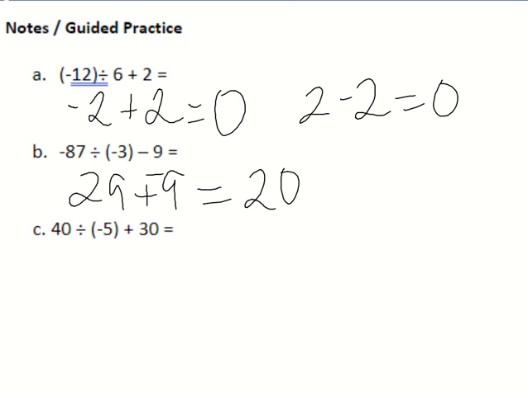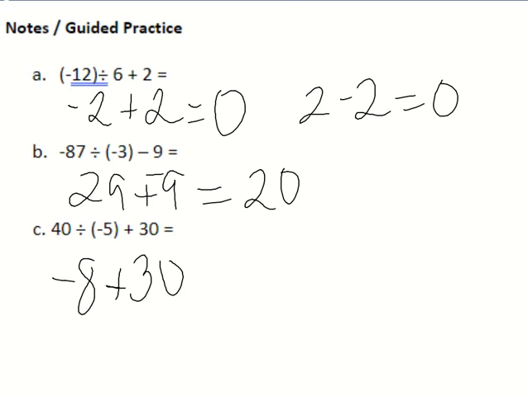All right, so hopefully you paused for C. We're going to go 40 divided by -5. Well, 40 divided by 5 is 8, but those are opposite signs, so we're going to make it negative, and then we're going to add 30. Now this is where our adding with different signs comes in.